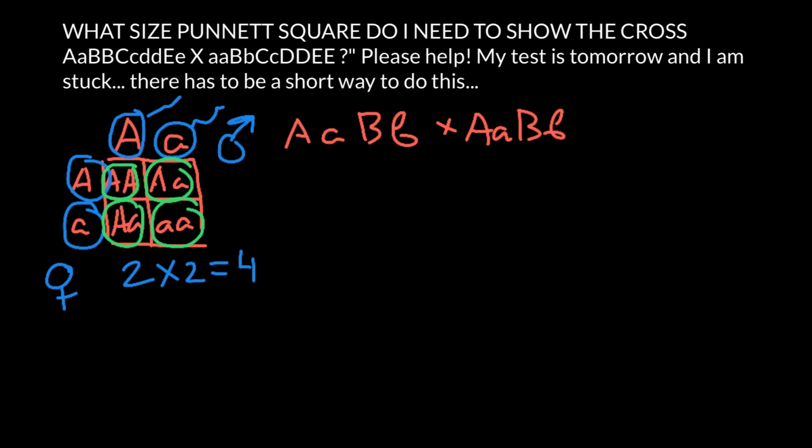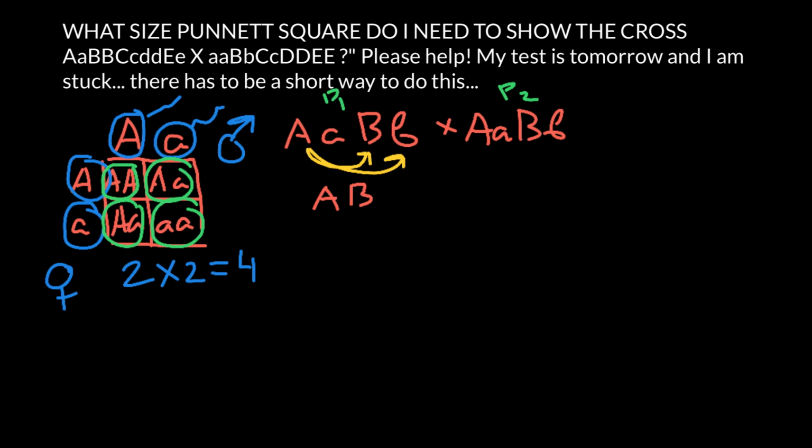So here we also have parent 1 and parent 2, and now we have two genes, gene A and B. For example, parent 1 can produce the following variants of the gametes: capital A, capital B. So let's list it: capital A and capital B. Another variant would be capital A and small b.